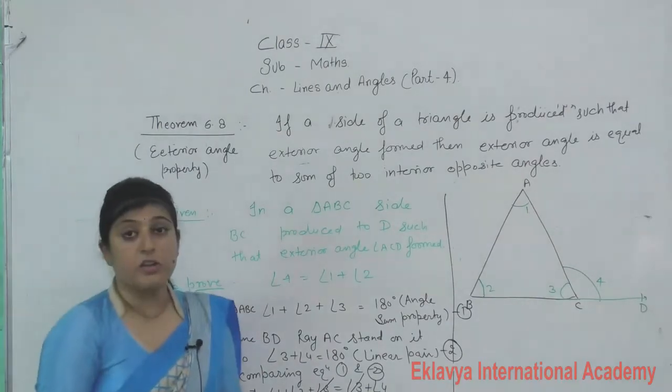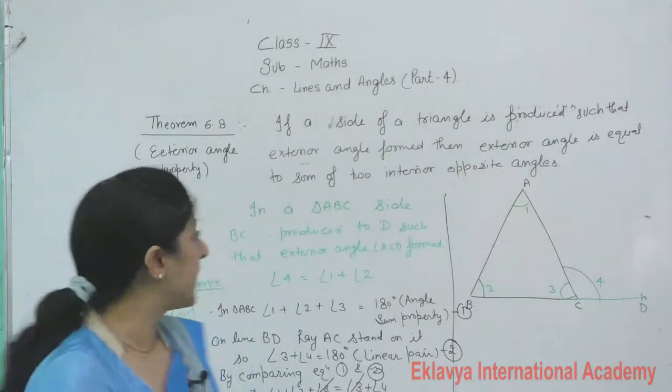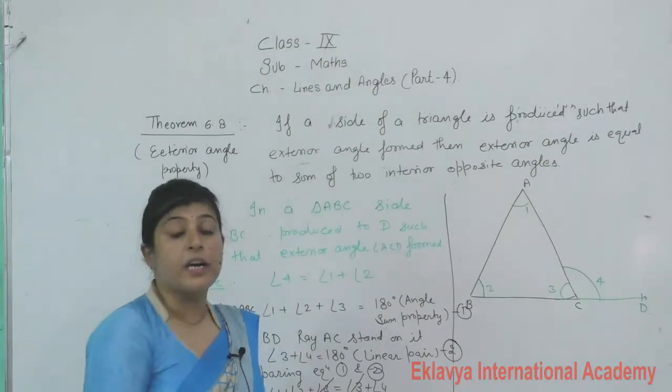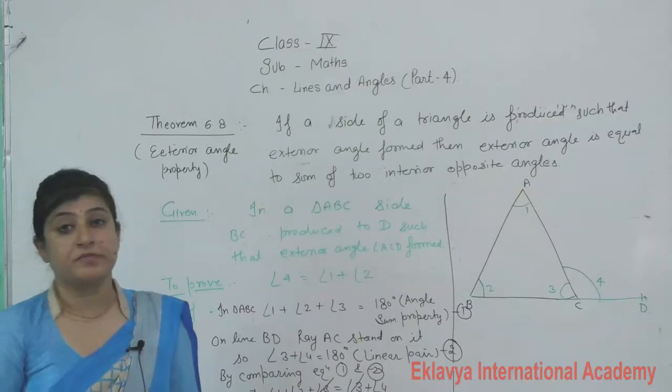So now all theorems of chapter 6 are complete, total 8 theorems are there. Do practice all the theorems properly.